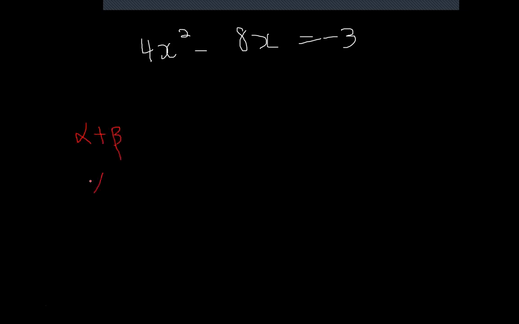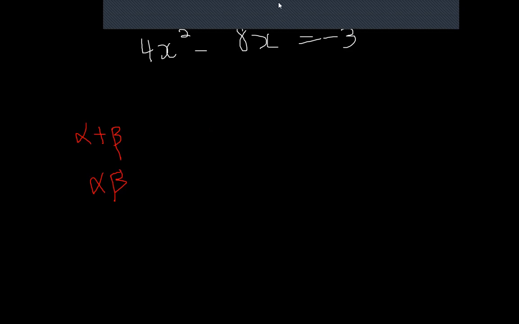Alpha plus beta equals negative B over A. So that will be equal to negative 8 over 4. And alpha beta equals negative 3 over 4. You sure about that? Anybody agrees?